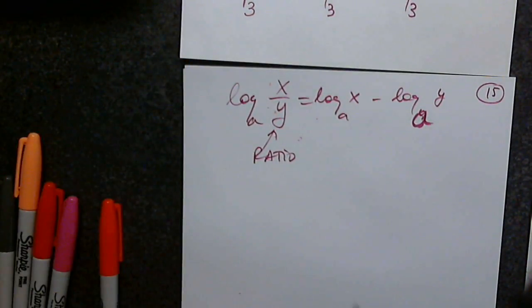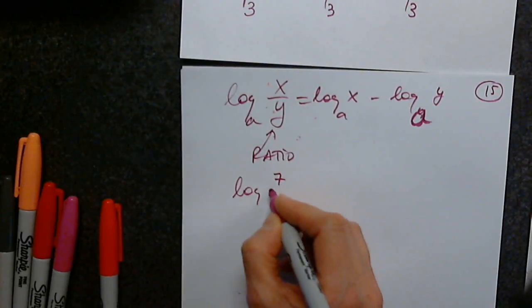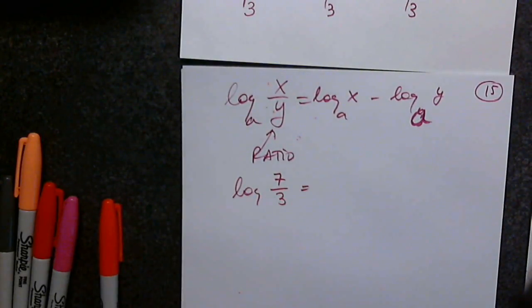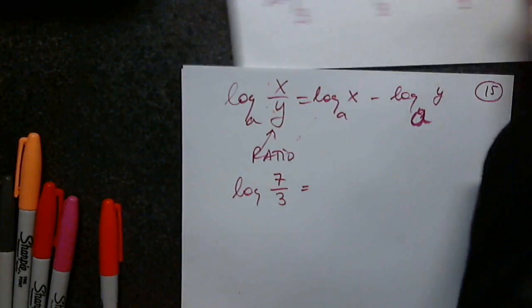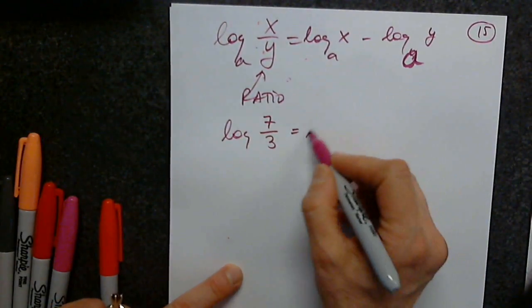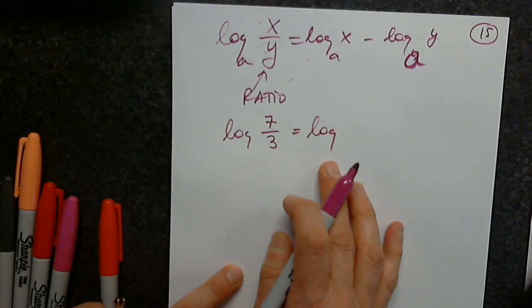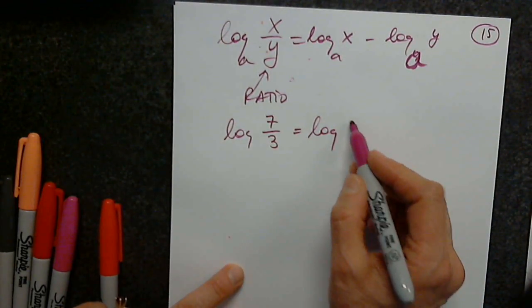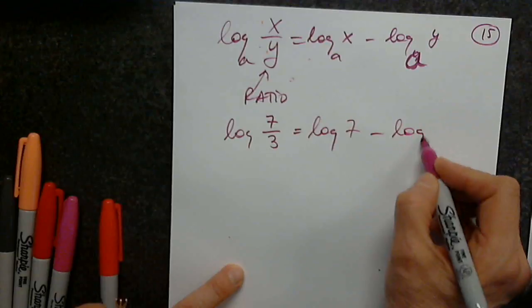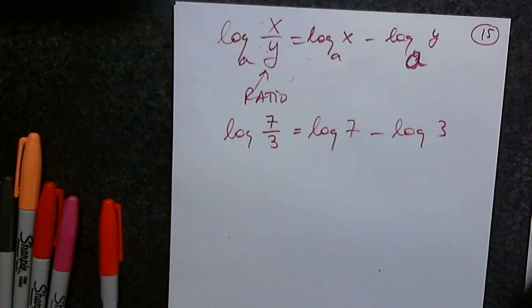Here's an example. Base 10, 7 over 3. What will you say this equals to? It's common log. Log 7 minus log 6. So that's the quotient rule, or the ratio.